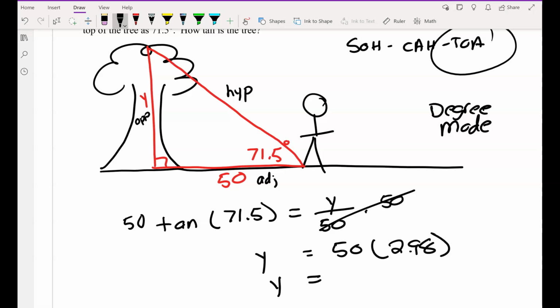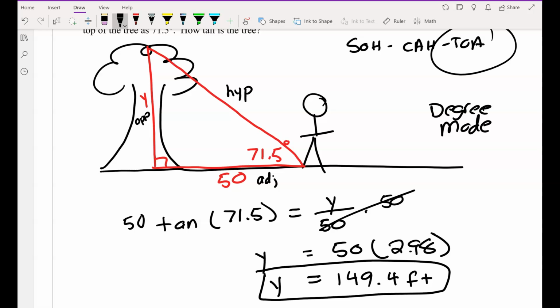And then y equals, I'm just going to multiply on my calculator. 2.98 times 50. I got 149.4, I think. And that is feet.